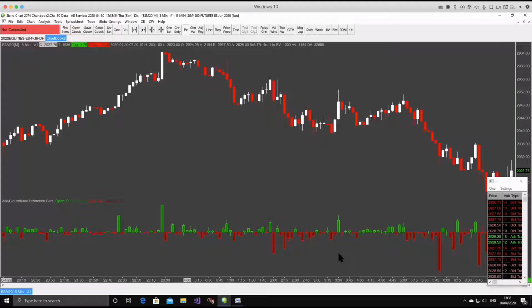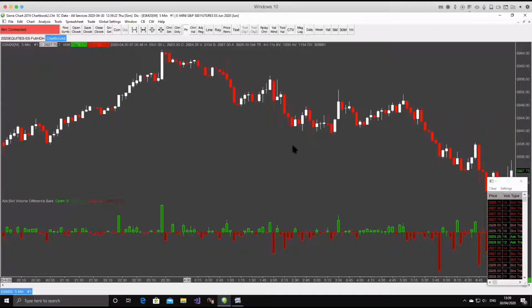I created that really just to avoid the distraction of reading this and looking at the wicks, because normally if I'm looking at bar delta, I'm looking more at divergences. So here, for example, on the way down, I'm looking, is the delta rising up? Okay, we've got a bit of a delta divergence going on: more selling, price is moving down, but actually selling pressure is decreasing.